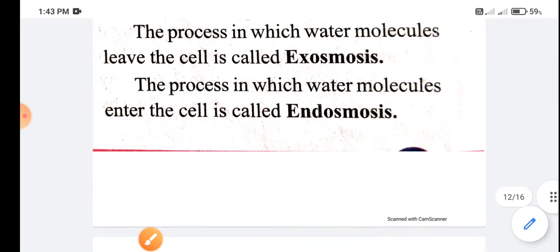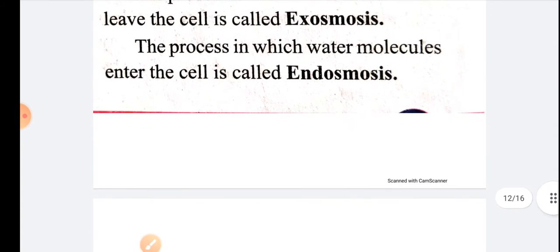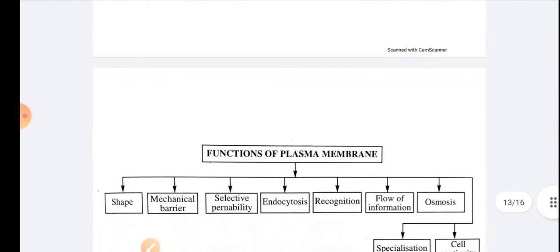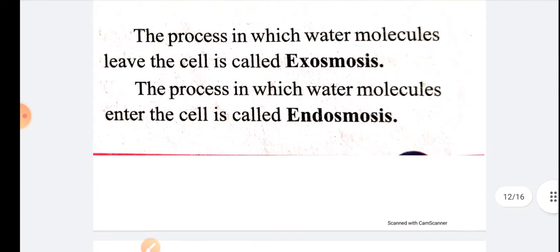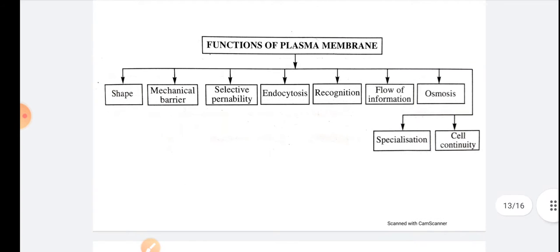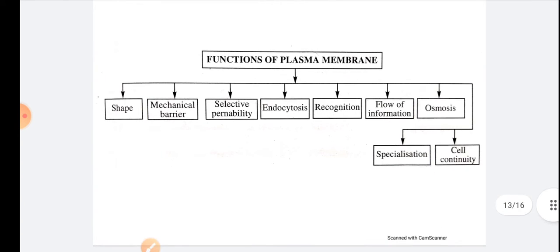Another one is endosmosis, the process in which water molecules enter the cell.